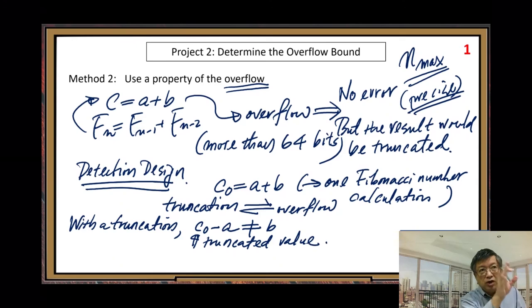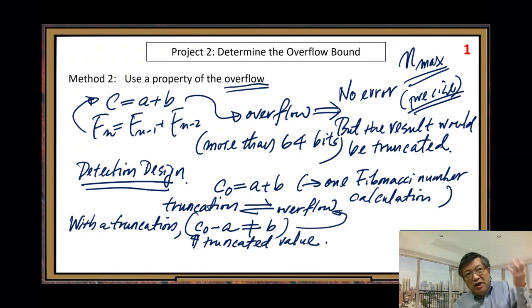You lose a certain number of bits by the truncation, so this won't be true. If you compare these two numbers and they are not equal, that means truncation occurs and overflow occurs. You find it.